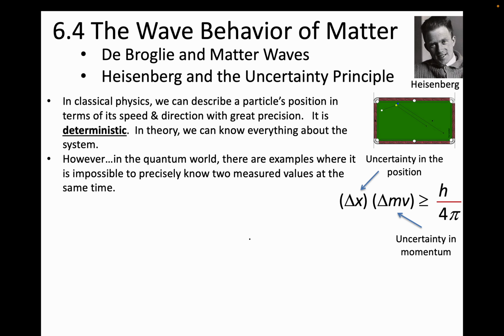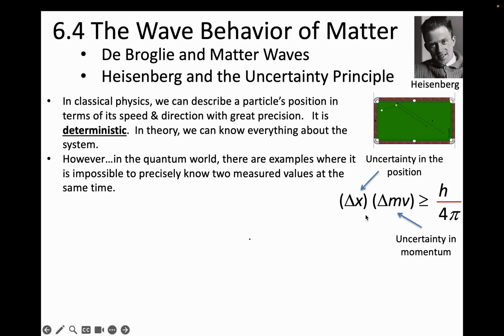However, in the quantum world, there are cases where it's impossible to precisely know information like that. It's no longer deterministic. It's impossible to simultaneously know two particular measured values that go together at the same time. Two that we're interested in are the position and the momentum.